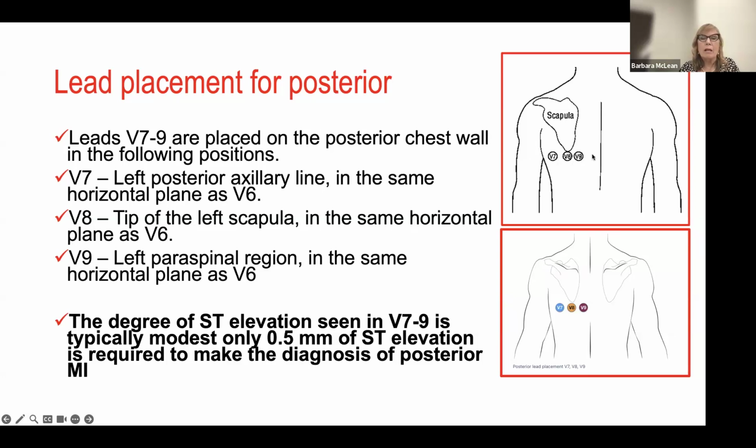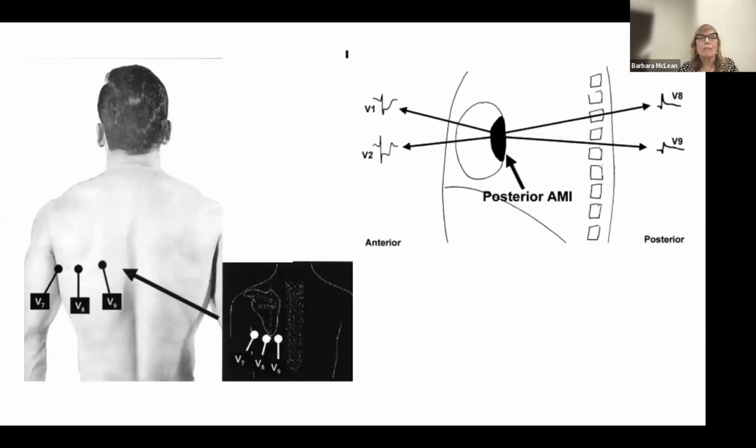V7, V8, V9. Now, that ST segment elevation that you're going to see there is typically not really huge. Lots of times it's 0.5 millimeters, so it's half of a box, and that's all you need to make the diagnosis of posterior myocardial infarction.